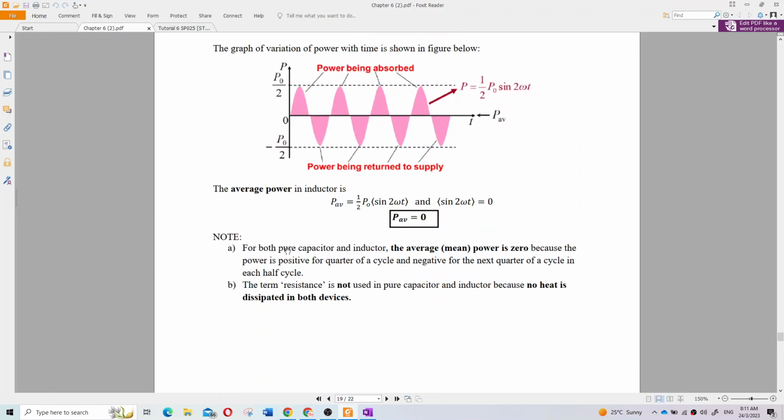So for both pure capacitor and inductor, the average power is zero, because there is no resistor in a pure capacitor and inductor circuit, so no heat is dissipated.